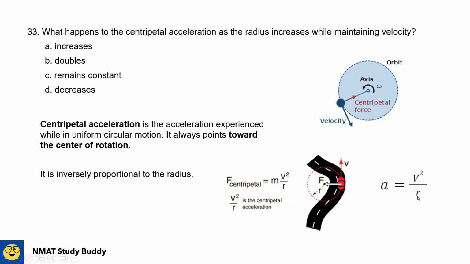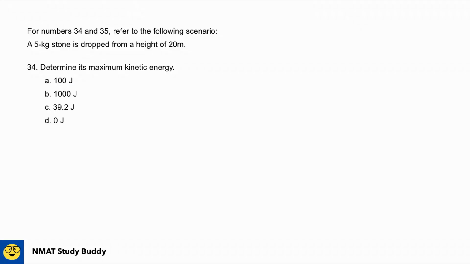So kapag itong velocity squared dinivide mo sa mas malaking radius, ibig sabihin, mas liliit tong acceleration. So the correct answer here is letter D, decreases. Lumiliit yung centripetal acceleration.